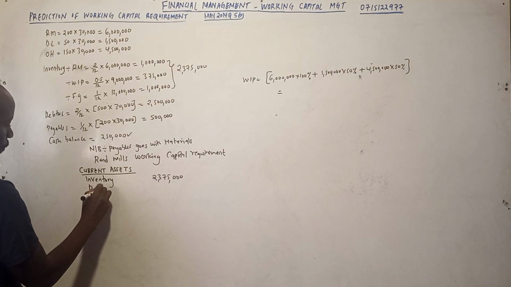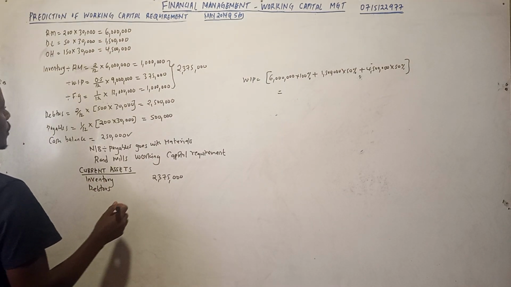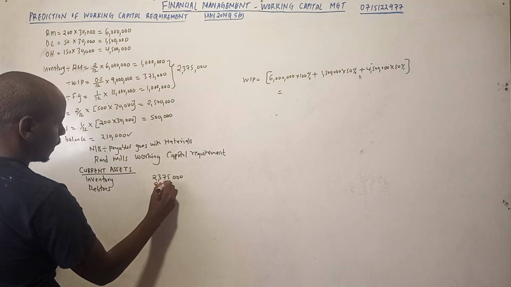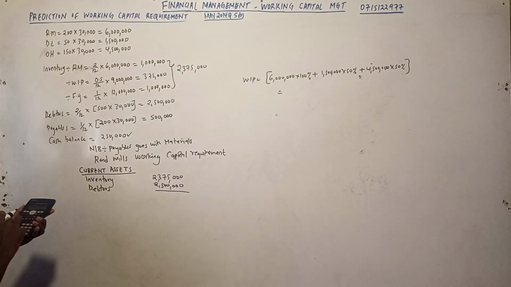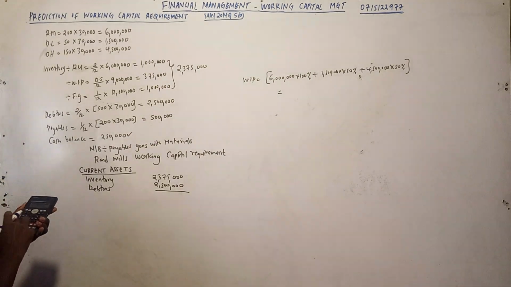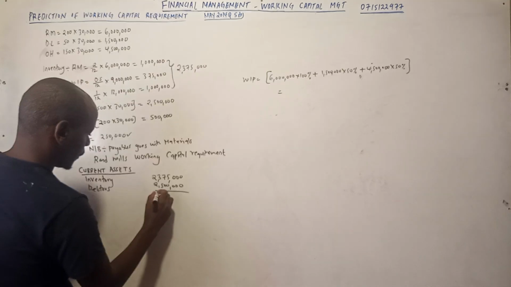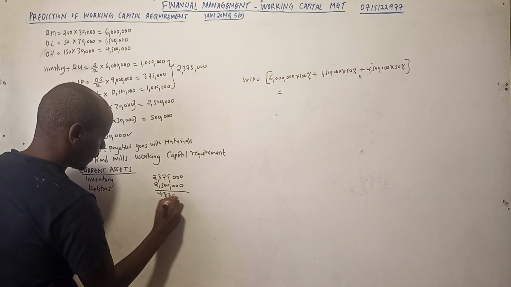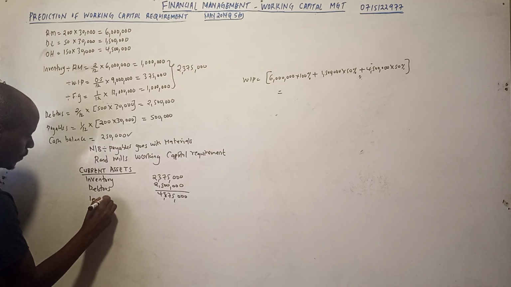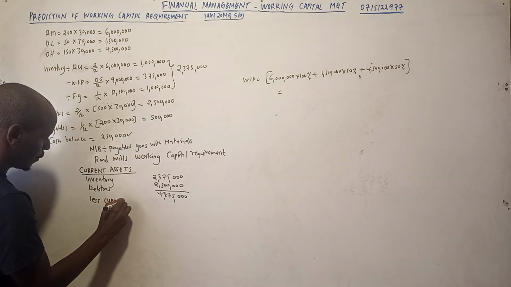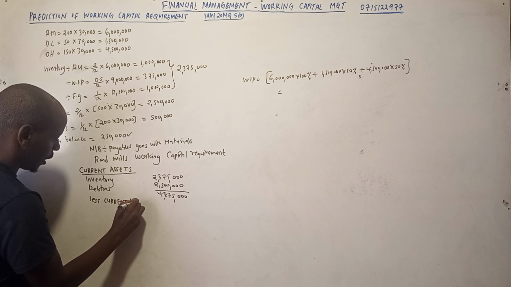Debtors is 25, so we add, giving 14,75. Then we less current liabilities.